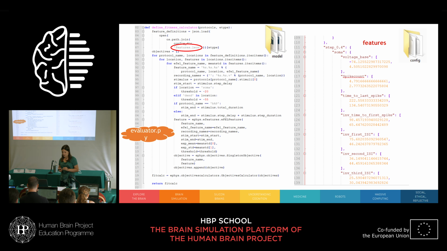objective. So the recording names here takes as an argument a dictionary where the keys are the recording location. In this case, this is an empty string, and it refers to the soma, okay, the recording location.